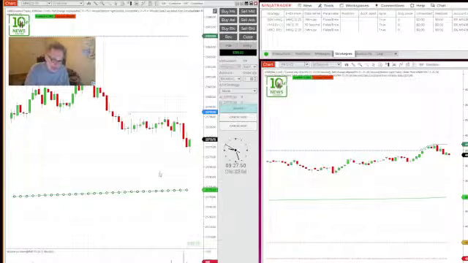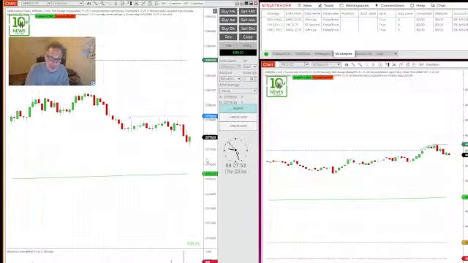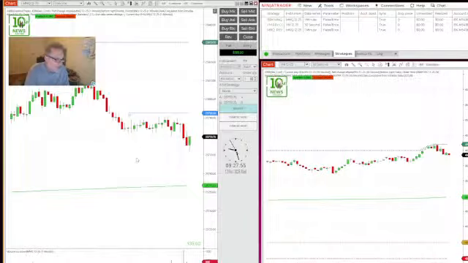MNQ is a potential VWAP magnet also, right? Also potential VWAP magnet.